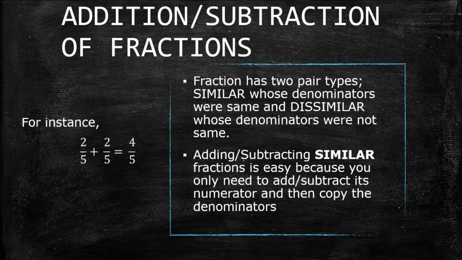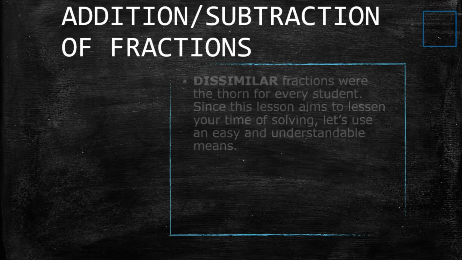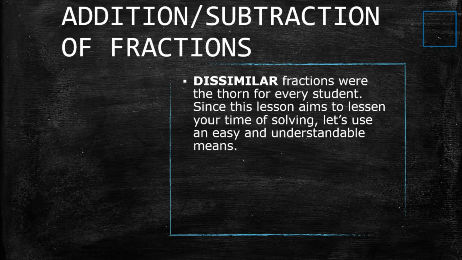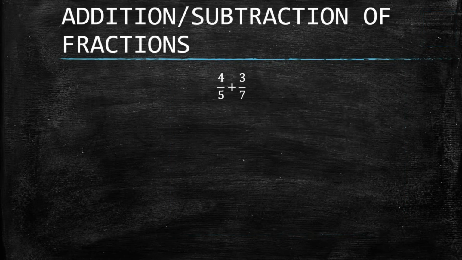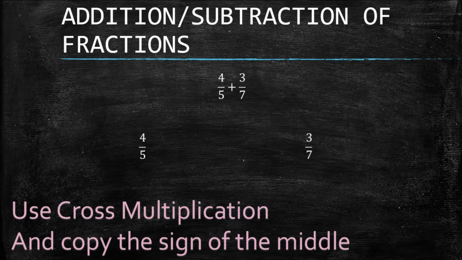Dissimilar fractions, on the other hand, are harder for some students. So I'll teach you an easy way to deal with them. Let's say I have 4/5 plus 3 over 7. For this, we'll be using cross multiplication. So denominator 7 will be multiplied across to numerator 4, which results in 28.